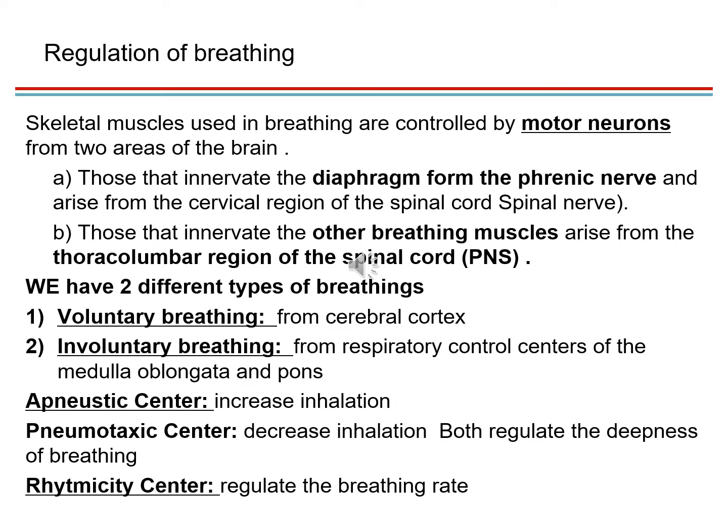And the older we are, the breathing rate decreases in normal conditions. But remember the three centers: apneustic center, pneumotaxic center, and rhythmicity center in that brainstem that regulate both depth and rate of the breathing.